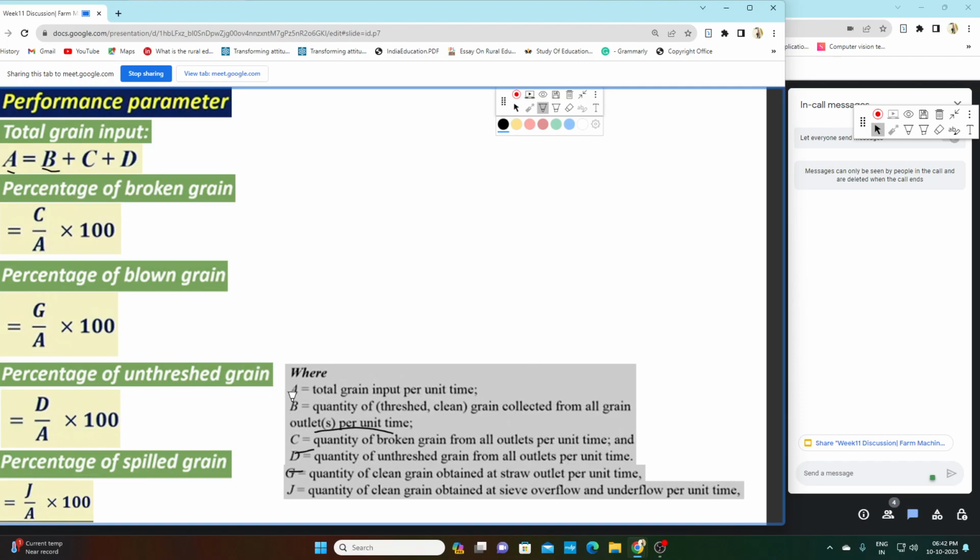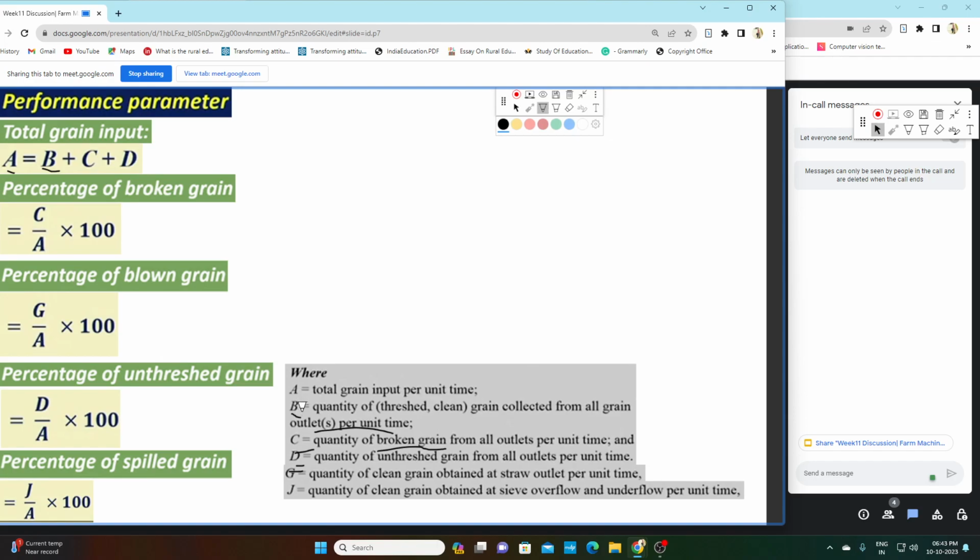Again, A is the total grain input per unit time, the total grain that we input into the thresher. B is the quantity of grain collected from the grain outlet. C is the quantity of broken grain from the outlet per unit time. D is the quantity of unthreshed grain, the grain which is not threshed, from the outlet per unit time.